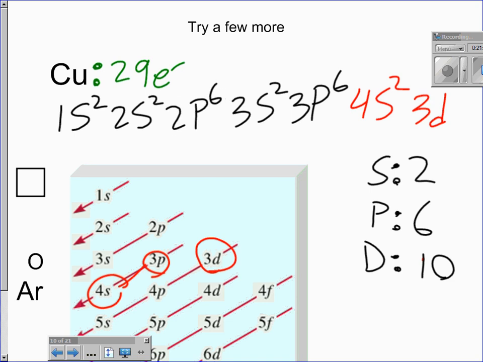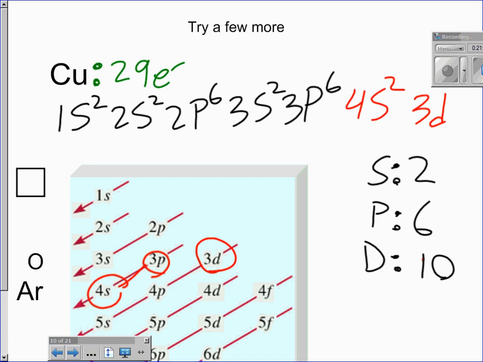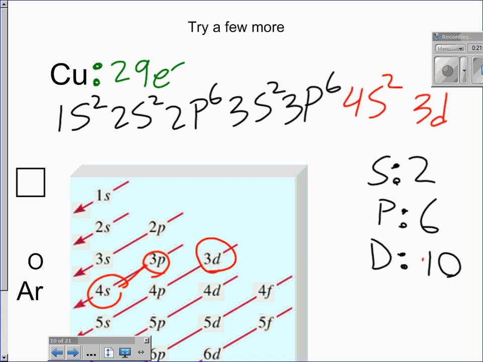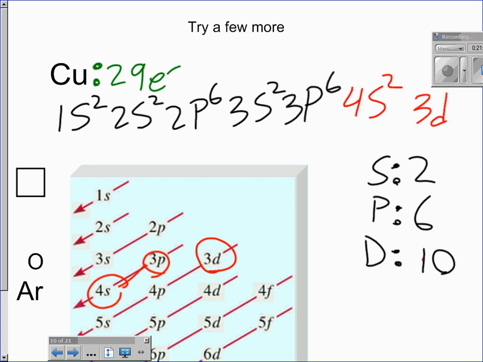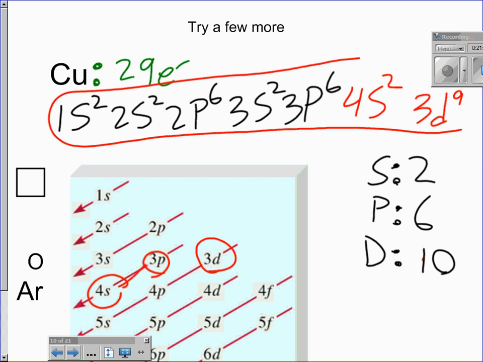Plus 6 more, that's 10. Plus 2 more, that's 12. Plus 6 more, that's 18. Plus 2 more, that's 20. We can fit 10 in a d, but we don't need 10. We need 29. I'm going to put a 9 here. And there it is. We are done with this one, and we're up to 9. And so we have 9 total electrons in the d.